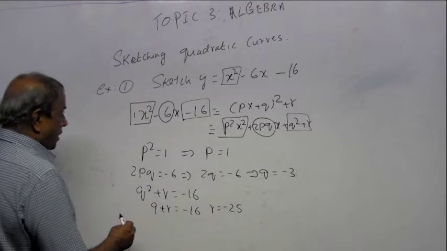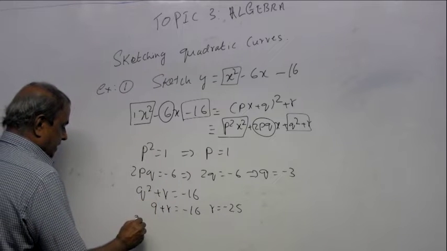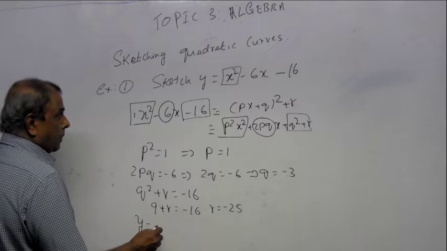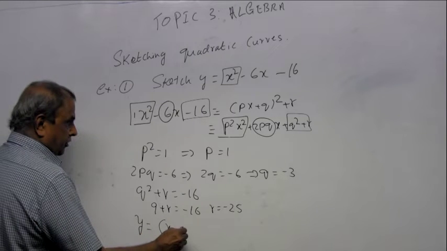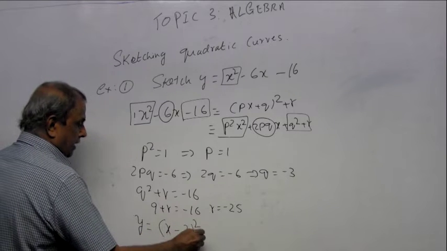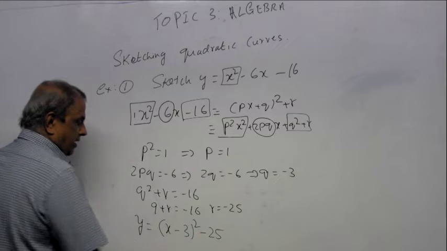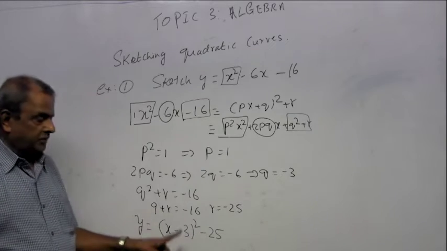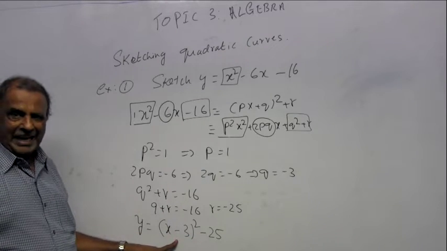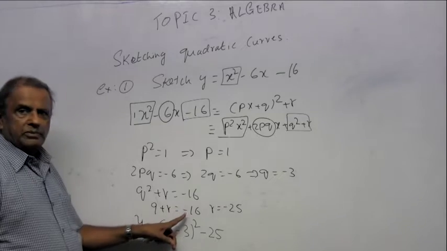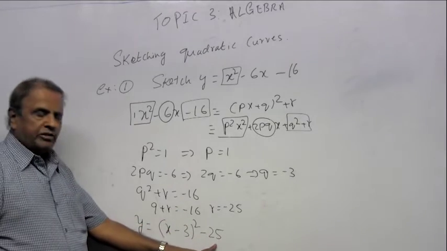Why do we do all that? Because I would be able to write the equation as y equals p x plus q, whole squared, plus r. Now when you look at this, when you put x as 3, that becomes 0, and that's minus 25.